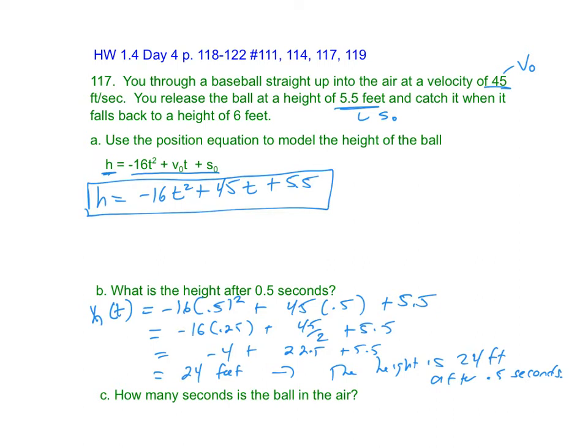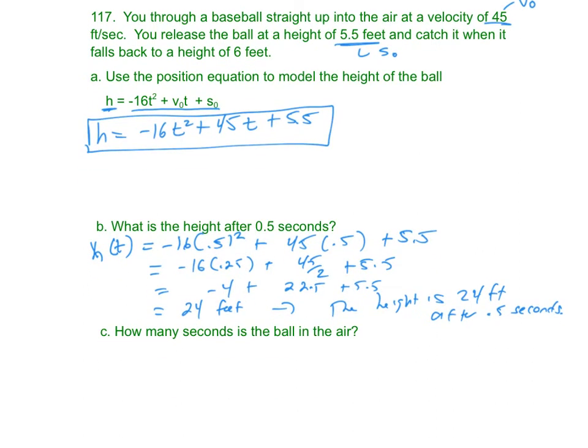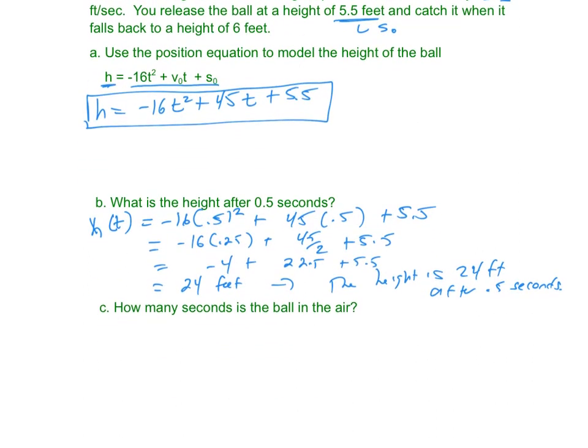Part C says, how many seconds is the ball in the air? So in order to calculate that, we need to figure out when the ball is caught. And so we're told that the ball is caught at a height of 6 feet. So in this case, the ball isn't falling to the ground, so we're not trying to calculate when the height is 0.